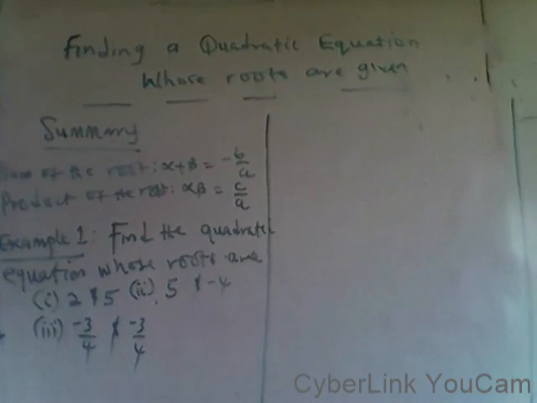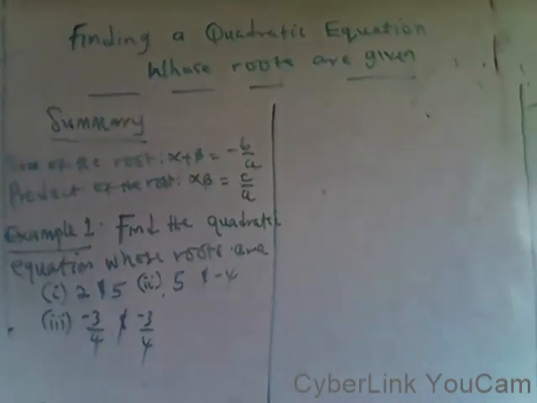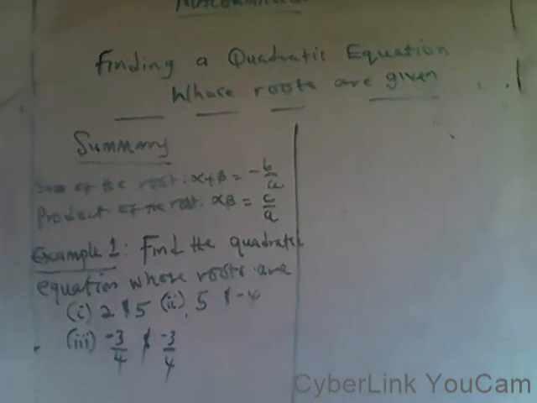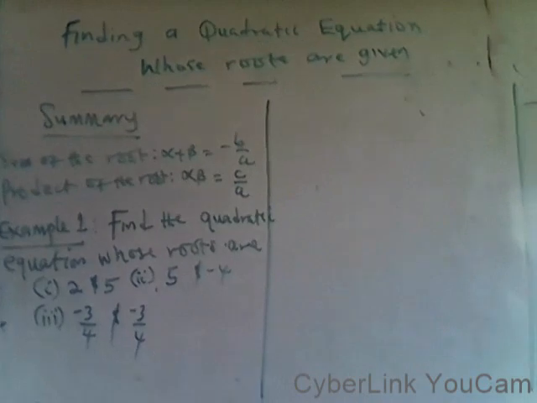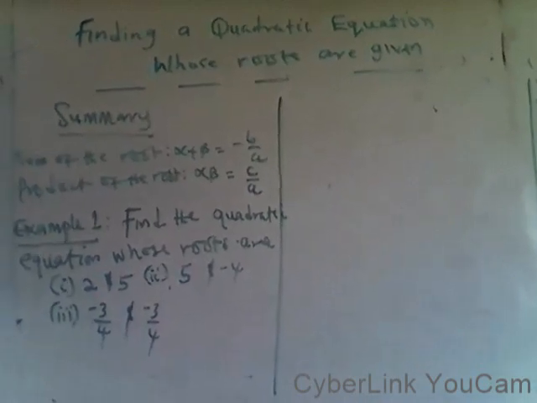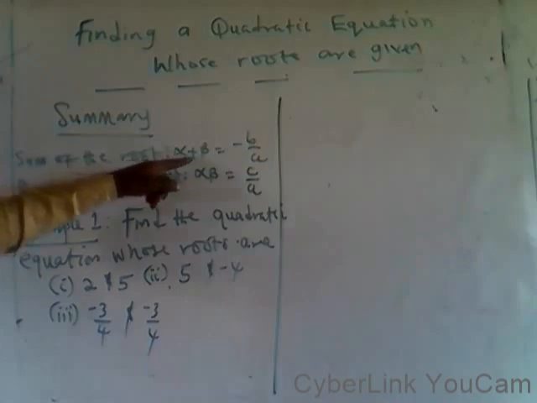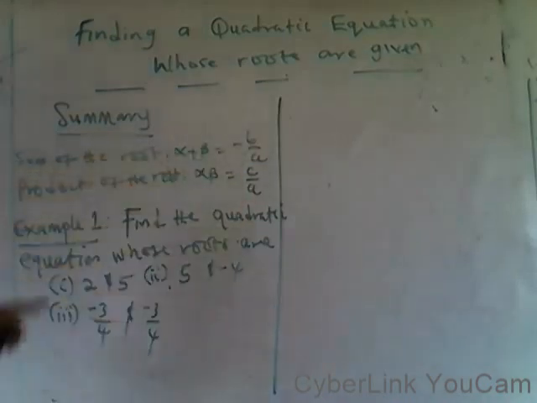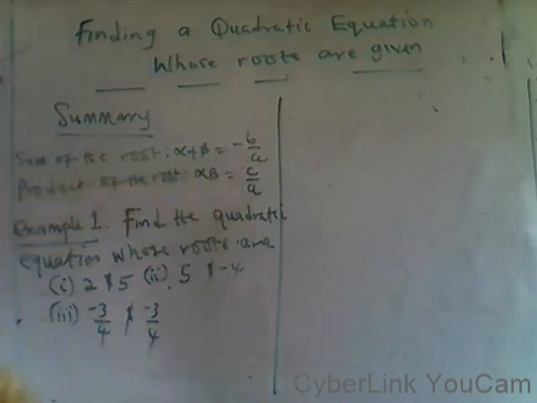The summary before we go: the sum of the roots, which is alpha plus beta, equals minus b over a, and the product of the roots, alpha beta, is c over a.